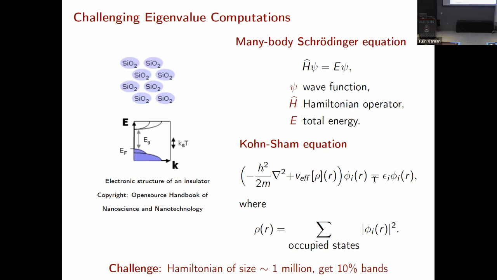As long as we are interested in extreme eigenvalues, the smallest or the largest, we have some very efficient methods that Yusuf was talking about. But here we not only have a gigantic problem; in order to have a meaningful solution in practice, we want to calculate maybe 10% of the eigenvalues.